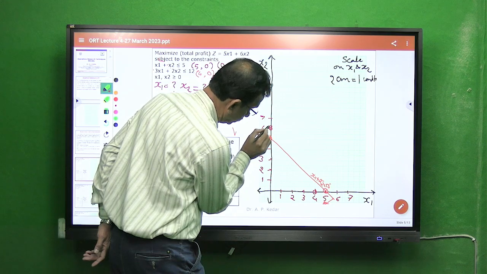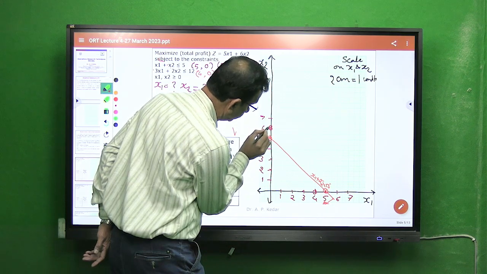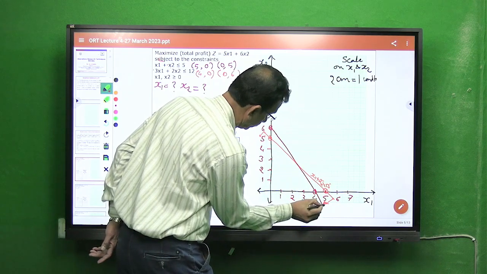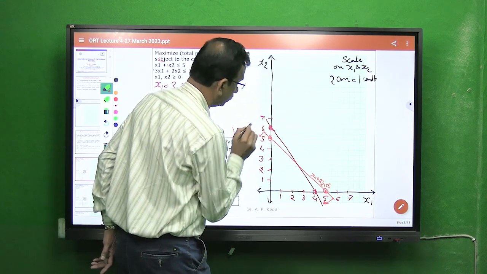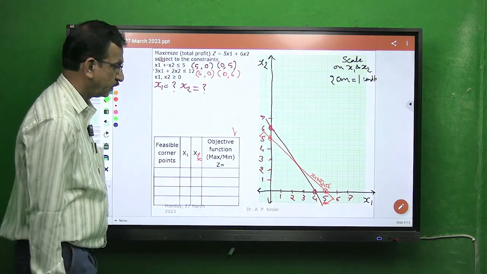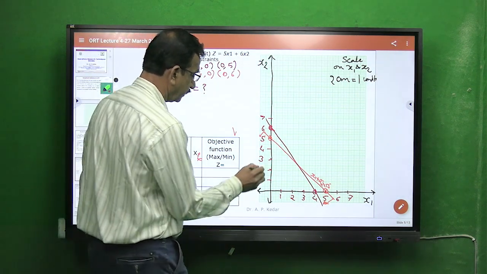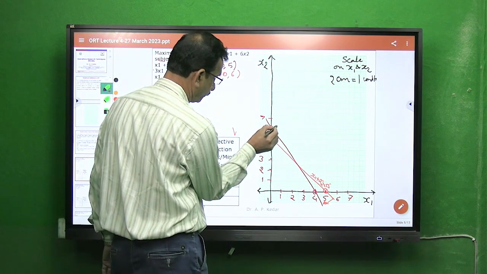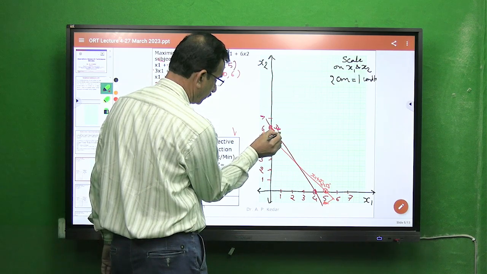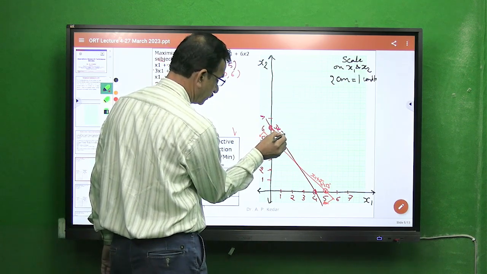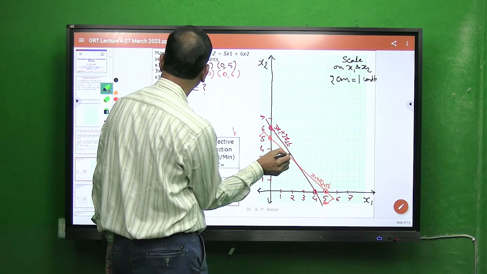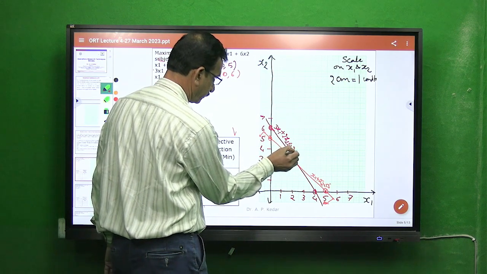We'll be joining these lines, and here we'll write the equation for this line as 3x1 plus 2x2 less than or equal to 12.